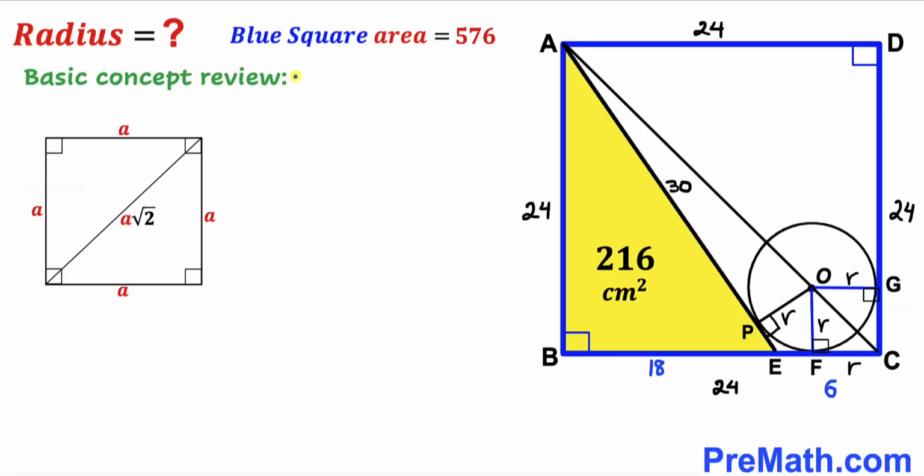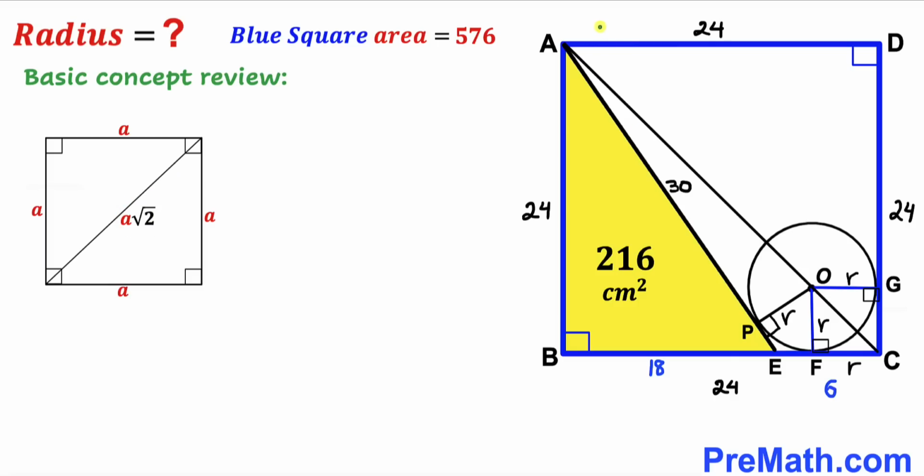Before we proceed any further, let me go over the basic concepts. Let's focus on this square whose side lengths are lowercase a across the board. And moreover, this is the diagonal of this square. Then the diagonal length is always going to be a times square root of 2 units.